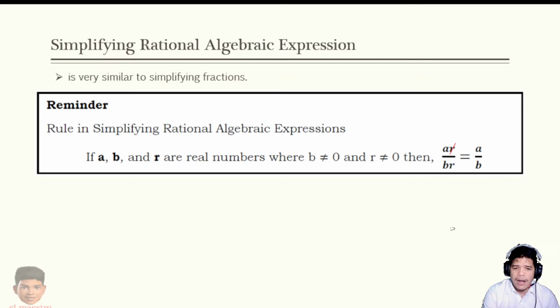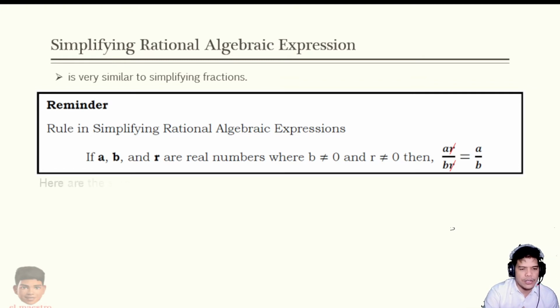Because r divided by r is just simply equal to 1. Okay? So, yun yung pinaka-goal natin dito. So, maghahanap tayo ng expression or terms na nasa numerator natin and terms na nasa denominator natin na the same. Para, pag ma-divide natin sila, ma-eliminate natin. Okay? Or ma-cancel out, kumbaga. Okay? So, yun yung pinaka-goal natin.